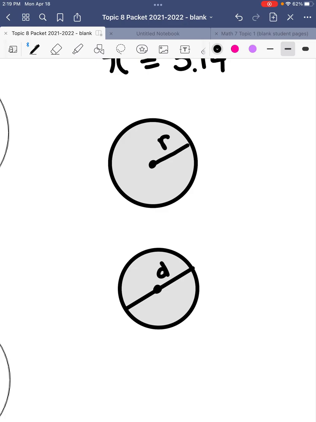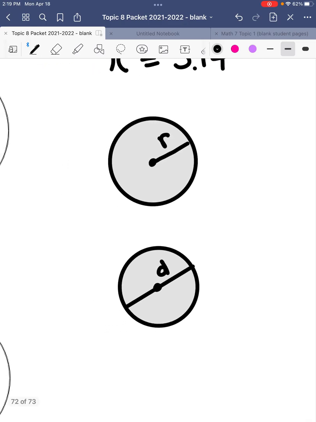Okay, so what I want you to know is that the diameter is 2 times the radius. The diameter is 2 times the radius. It's twice as long as the radius. Now the radius, you could say, is half as long as the diameter. So 1/2 times d, or d divided by 2.